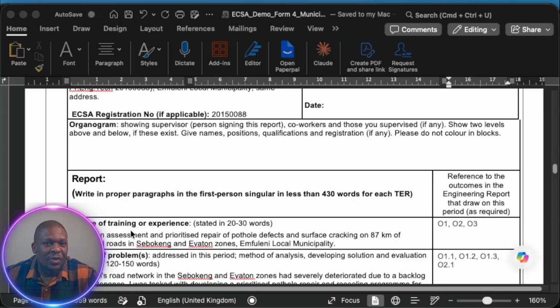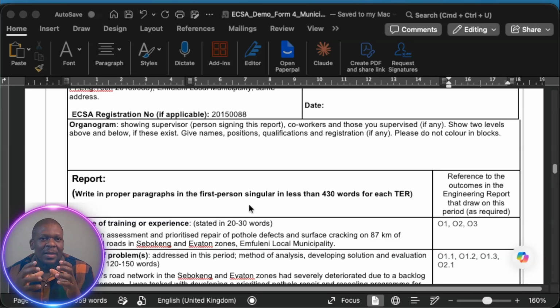The nature of training and experience. What is the training I'm actually getting within that period? Conducting condition assessment and prioritizing repairs of potholes, defect, or surface cracking for a 87-kilometer municipal road within that local municipality.